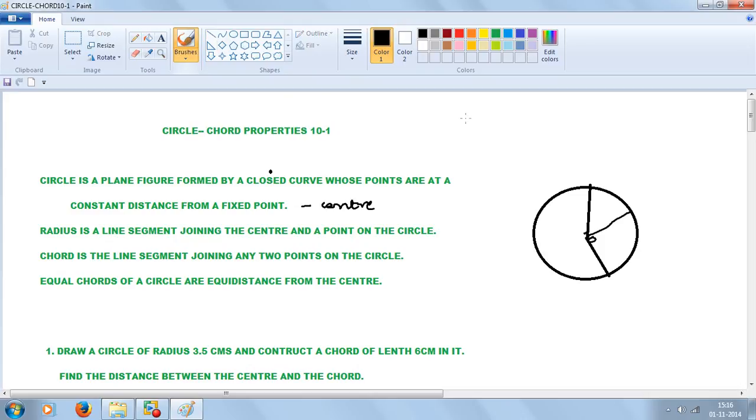So radius we represent by r. A line joining the center to any point in the circle is the radius.